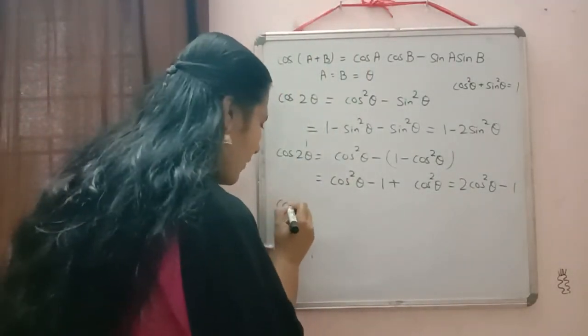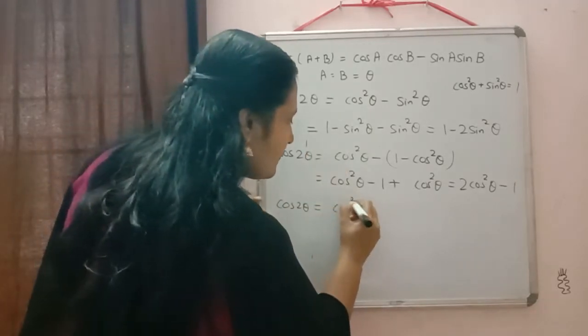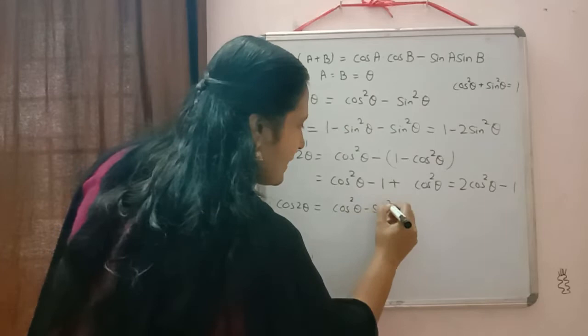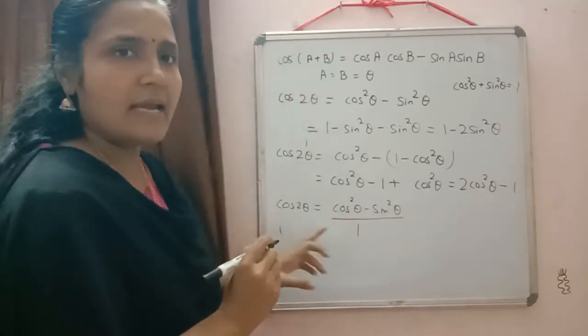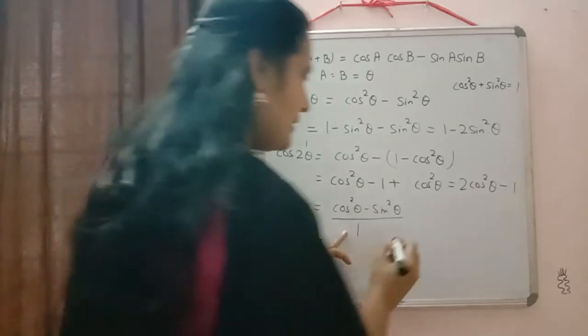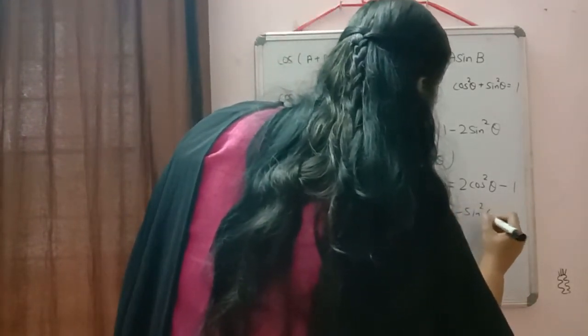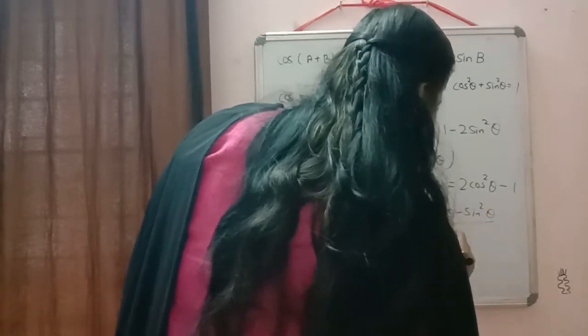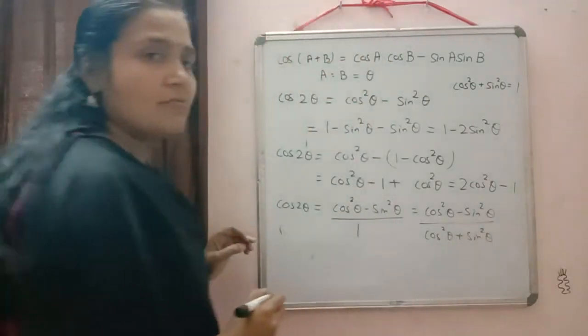And then one more formula is there. Cos 2 theta is equal to, starting one what we wrote, cos square theta minus sine square theta. If nothing is there, again we can write it is equal to 1. And 1 can be written as cos square theta plus sine square theta. After that what we will do?